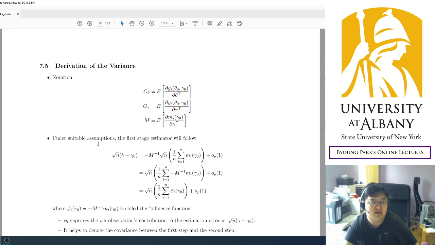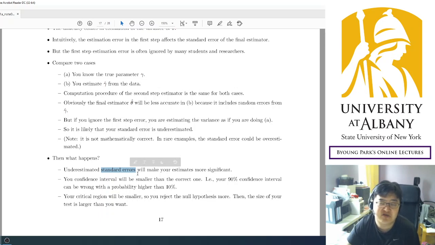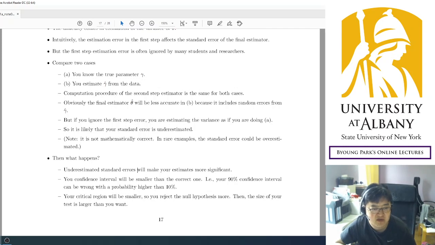And if you underestimated the standard errors, then it is actually a serious problem. Because you think your estimation is not significant, but you may mistake it as a significant result. So your conclusion may be wrong.